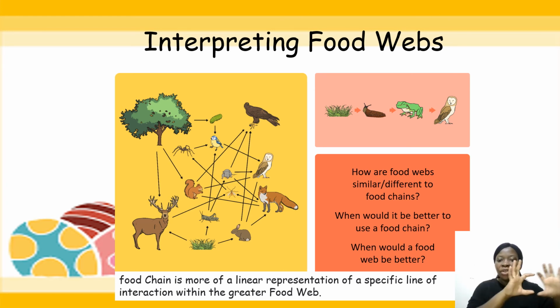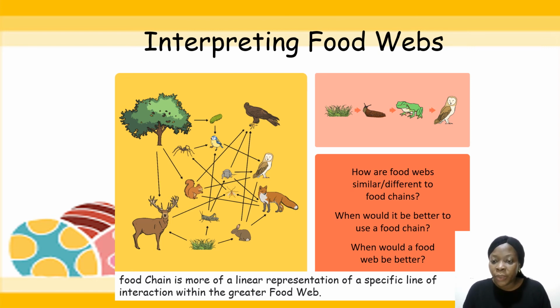It shows us just one line of what an animal eats, but a food web shows us an interconnection of different food chains. The food web gives us more information about what an animal eats. So that is basically the similarity and the difference between a food web and a food chain.